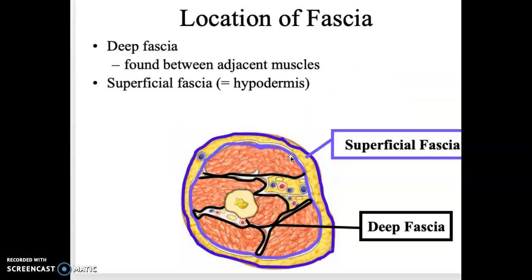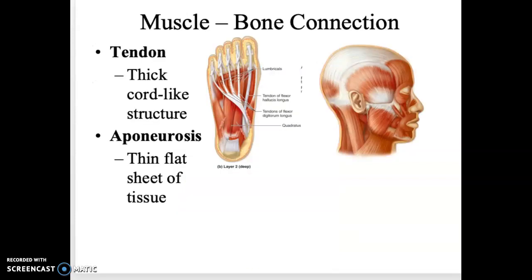You can see this is a cross section of a muscle. From the skin on the outside, then we have some superficial fascia, which is mostly your hypodermis, where your fat is. And then the deep fascia is within a muscle belly in between each muscle. So 2 different connections here.